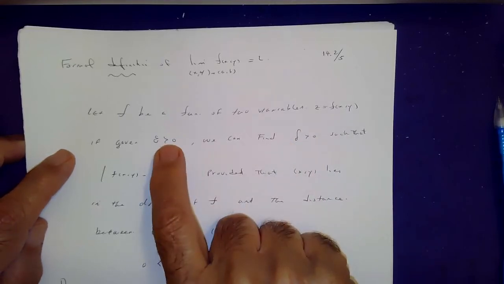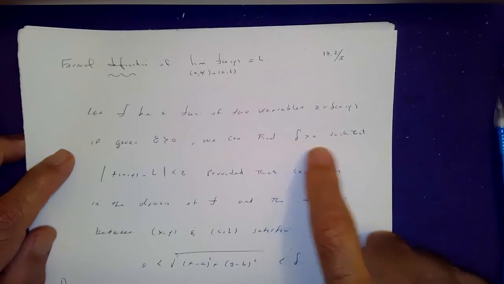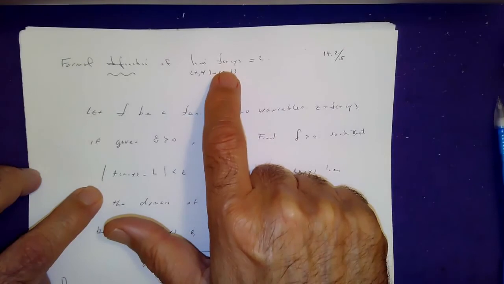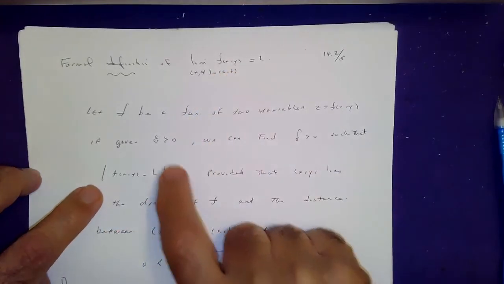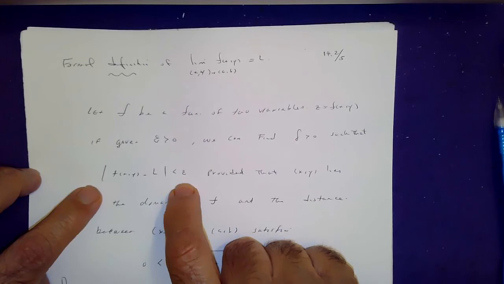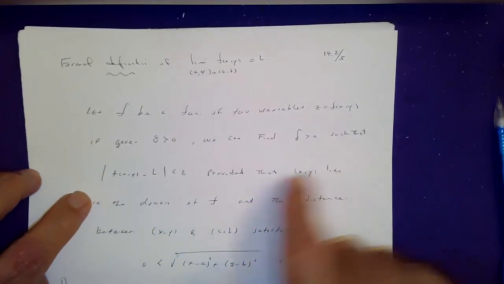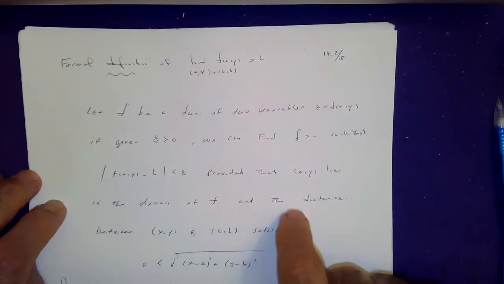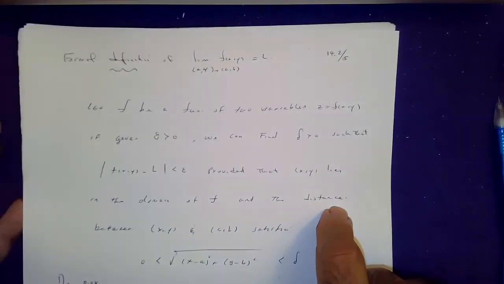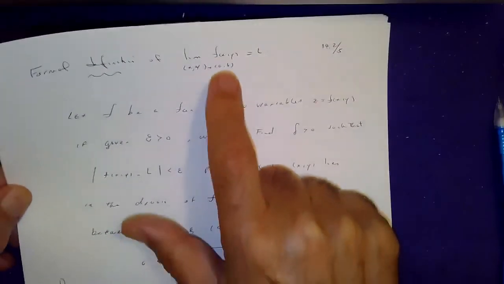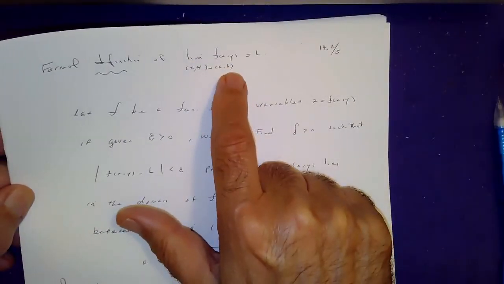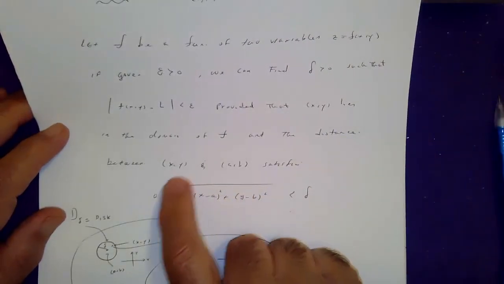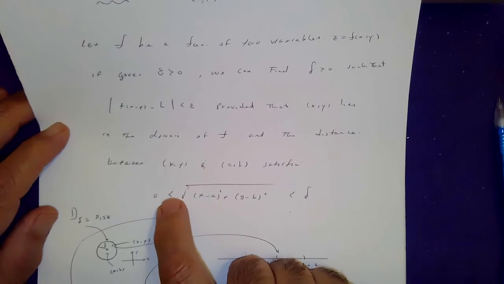This one is given, this we have to find, such that the difference between the function and its limit is as small as epsilon, provided that (x, y) lies in the domain of f, and the distance between (x, y) and the point it is approaching is less than delta. Of course, distance has to be positive.